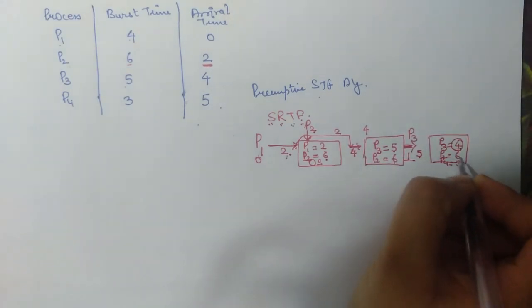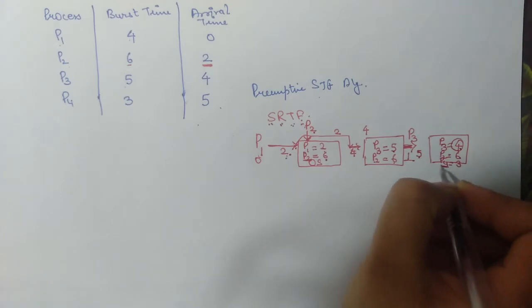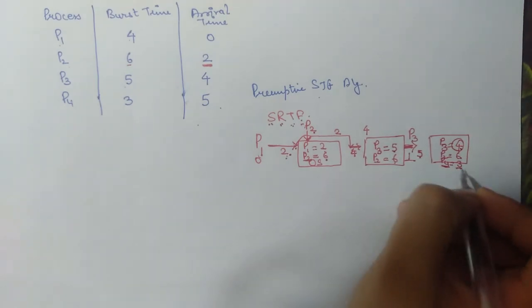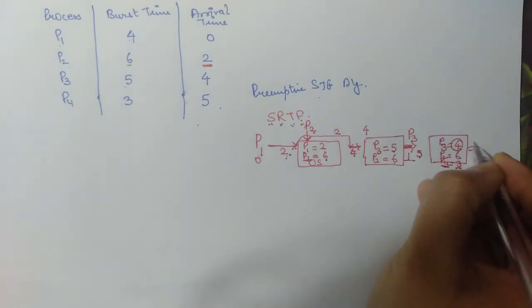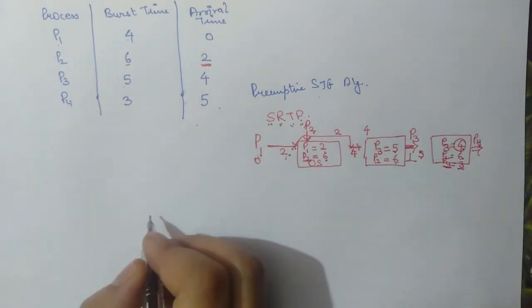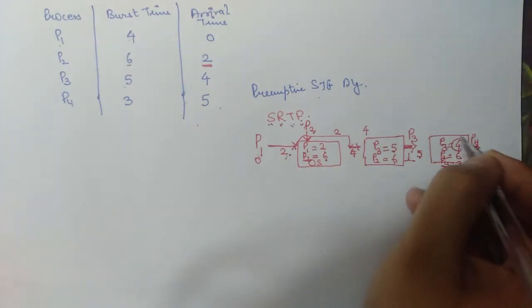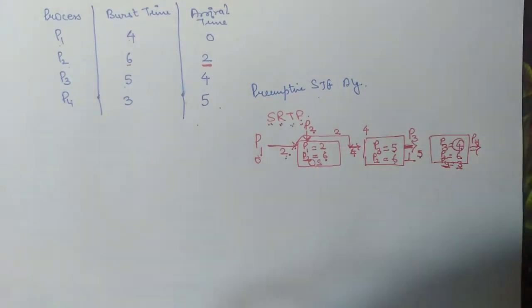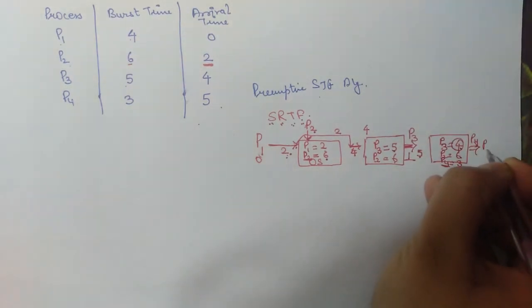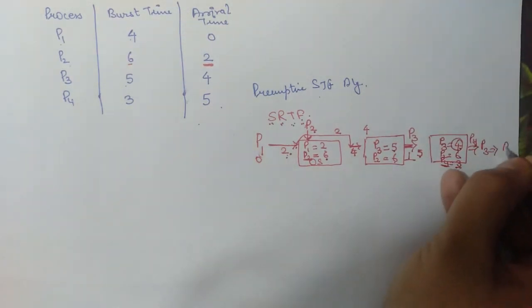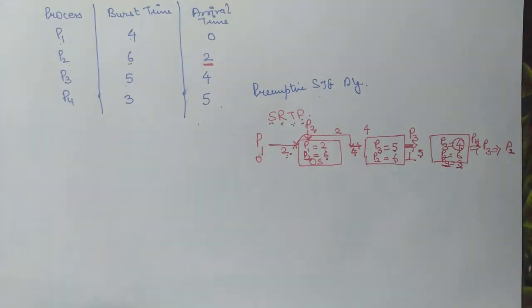The remaining time of P2 is 6, and the CPU burst time of P4 is 3. So which process will get CPU first? Definitely P4 will execute first, and after that 2 processes will be in the ready queue. Then P3 will execute, and at the end P2 will execute.